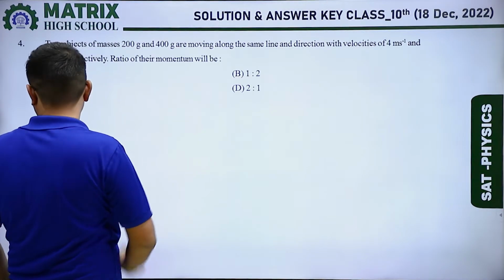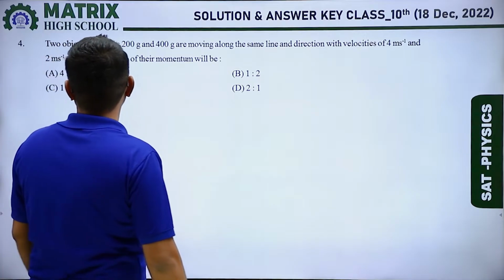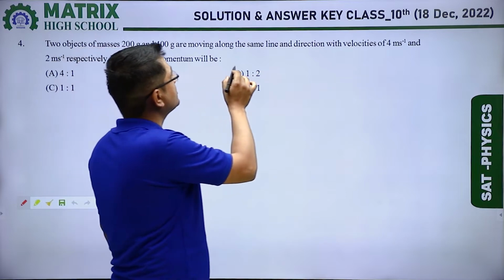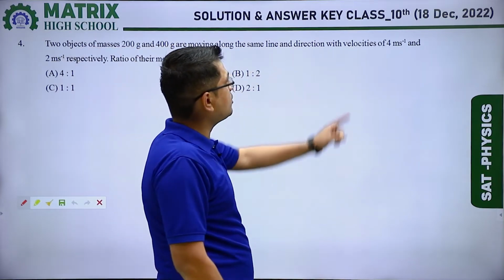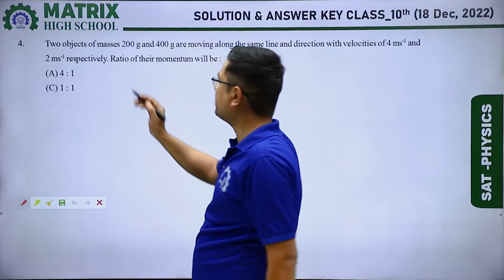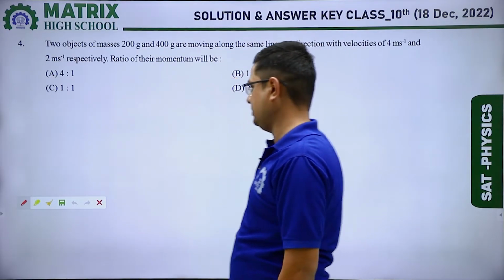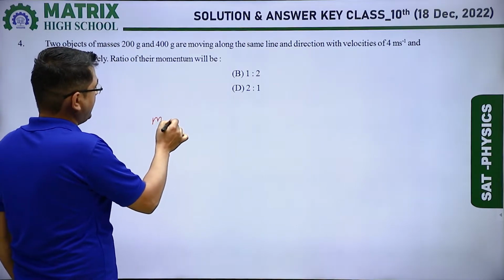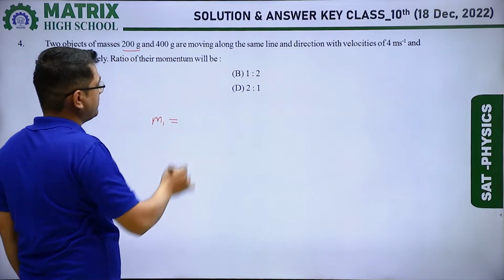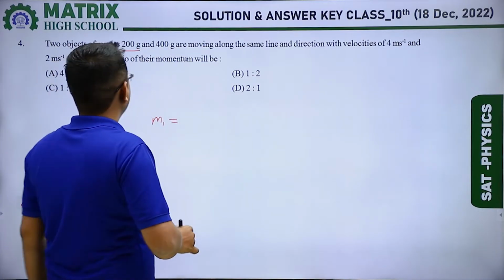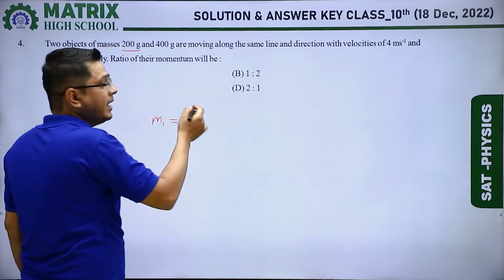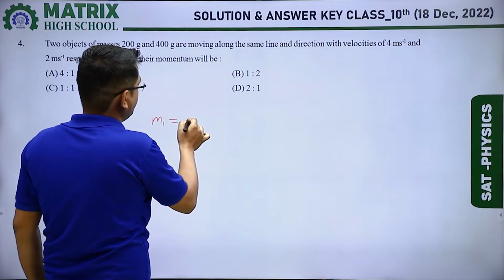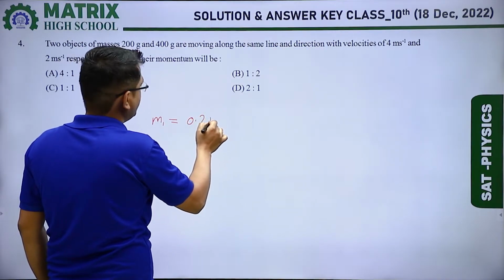Next, question number 4. It is given that two objects of masses 200 gram and 400 gram are moving along the same line and direction with velocities of 4 meter per second and 2 meter per second respectively. The ratio of their momentum will be? Let us check what quantities are given. Let the first body have mass m1, which is 200 grams. I am converting it into kg because the speed is given in meter per second in the SI system, so it becomes 0.2 kg.